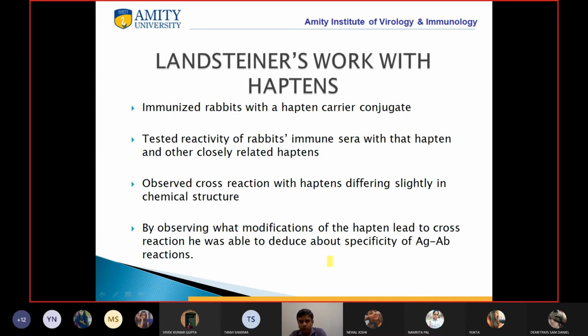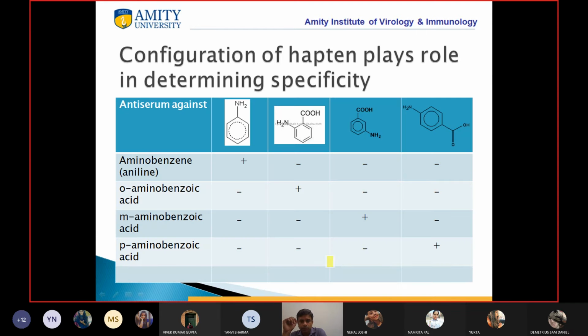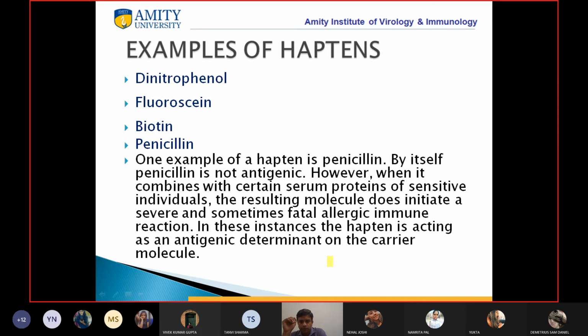He observed cross reaction with haptens differing slightly in chemical structure, and by observing what modifications of the hapten led to cross reaction, he was able to deduce the specificity of antigen-antibody reactions. So just by using haptens, he was able to study the interaction of antigens and antibodies. Okay, I'm leaving this.